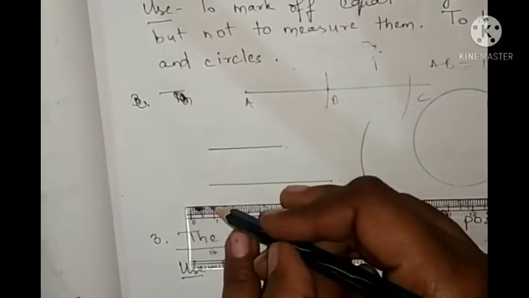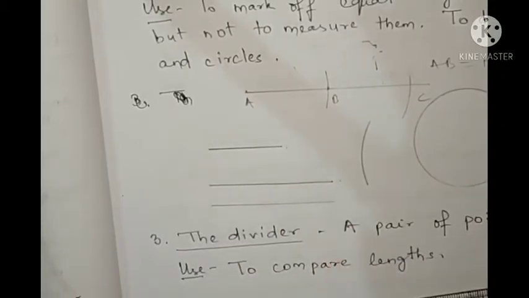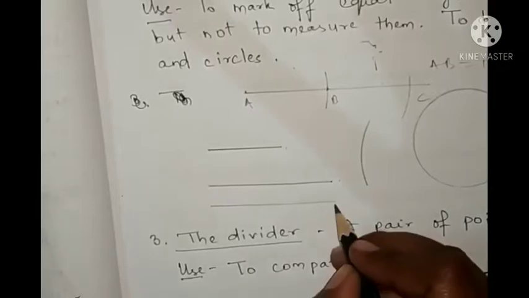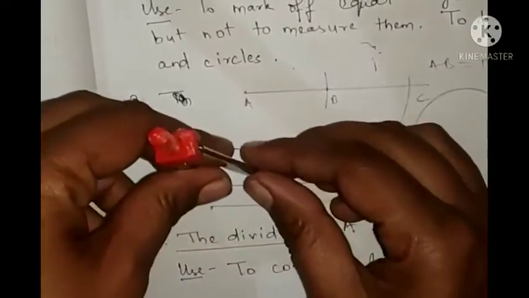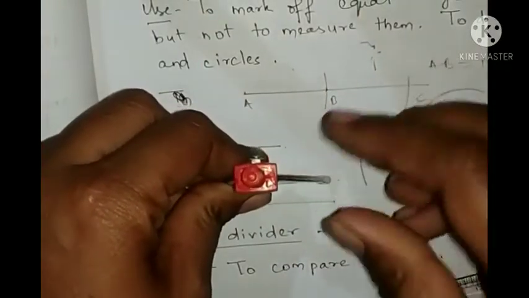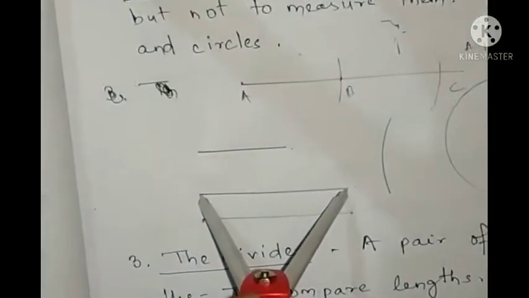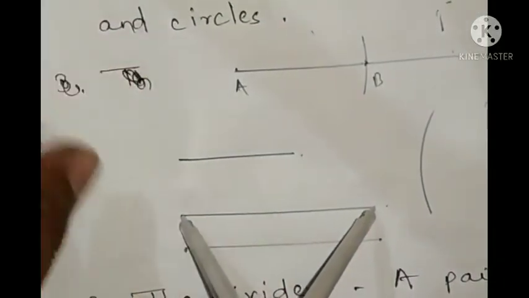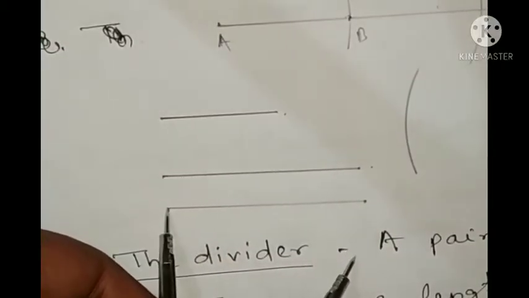But if I make it a little bit different here, okay, like this. So how can you measure? First fix the pointer, fix the pointer like this. Okay, then what you will do, keep it at the one end.